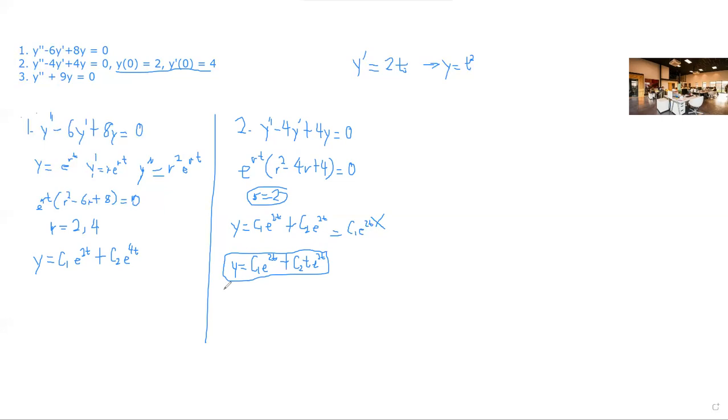Let's see, y of 0 equals 2, meaning that C1 is 2. y prime of t is equal to 2C1 e to the 2t plus 2C2 t e to the power of 2t plus C2 e to the power of 2t.